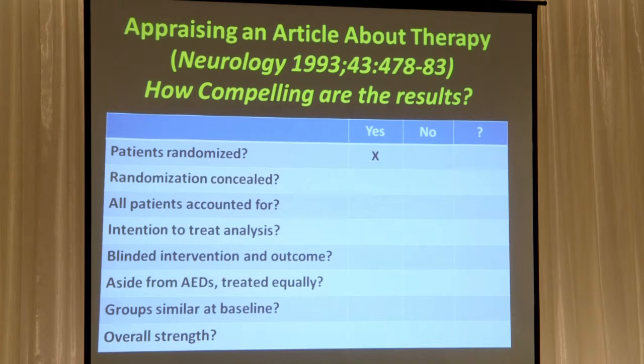So we randomize. So yes, this was randomized. We didn't talk a lot about this. Do you know what allocation concealment of randomization is? Before you answer the question of whether the study was concealed, you have to know what that is. As an investigator, you can't figure out what the randomization scheme is.